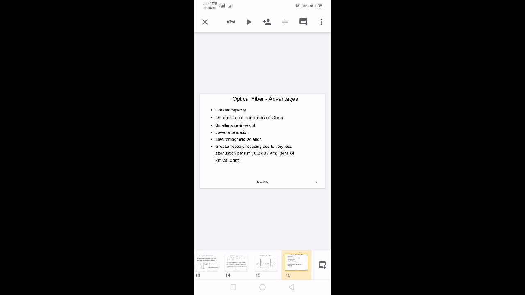There is no possibility of electromagnetic radiation, so electromagnetic isolation is possible, and greater repeater spacing due to very low attenuation per kilometer. So there is less attenuation, so you can place repeaters, which are used for re-amplifying the signal, far apart, so you can have a repeater every tens of kilometers.